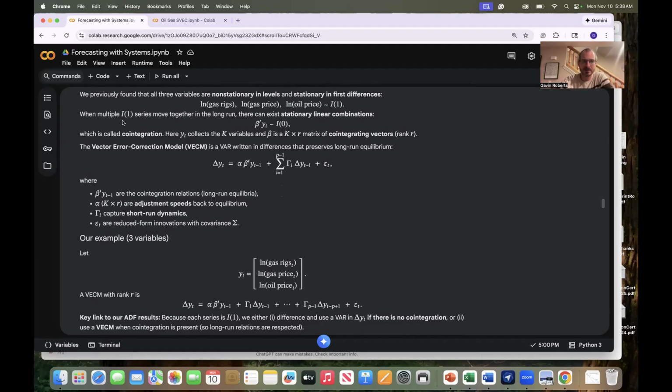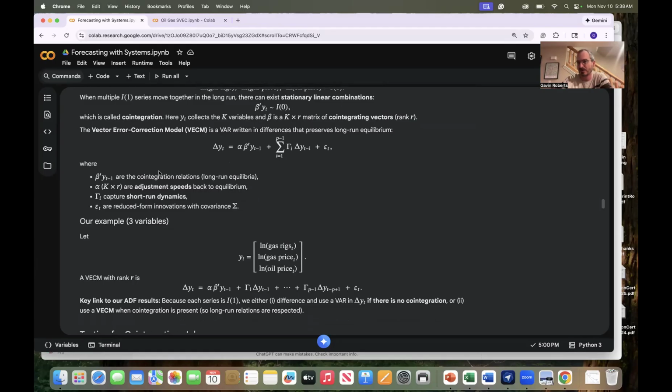Now, when multiple integrated series move together, so it's probably true that oil prices and gas prices move together, and we can make a linear combination, so what if oil price minus 5 times gas price is on average zero, and that linear combination of the two variables is stationary? So it's integrated of order zero, meaning in levels we would reject the null hypothesis of non-stationarity. If we have that relationship, we call it co-integration.